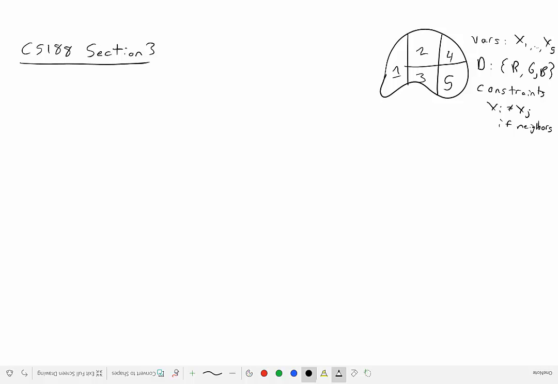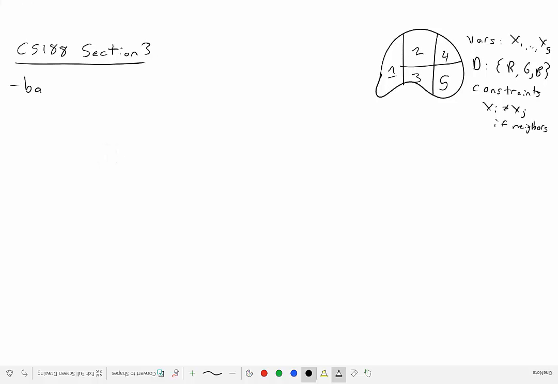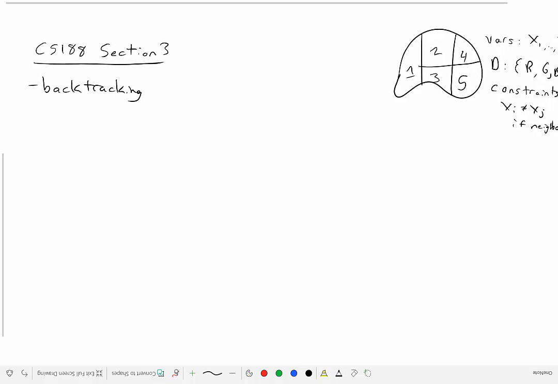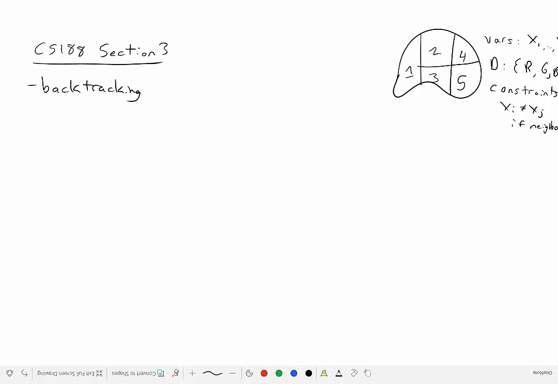So when solving these, the main approach, which we'll improve upon, is called backtracking. Backtracking is like our normal search that we've done before, like DFS, BFS, and those sorts. But we have two additions that are specialized to CSPs.